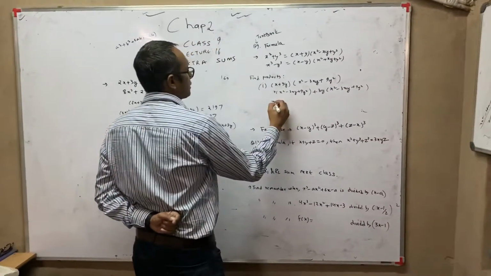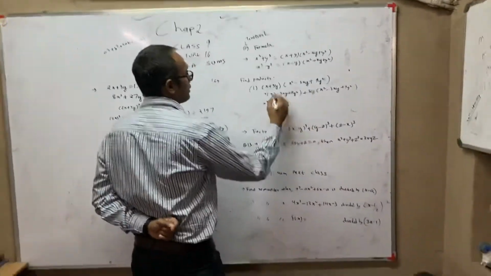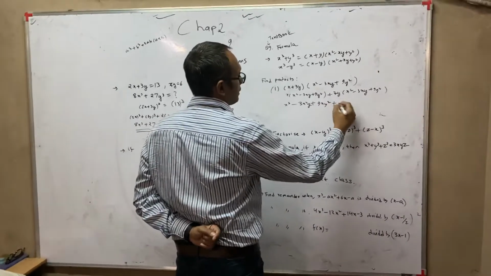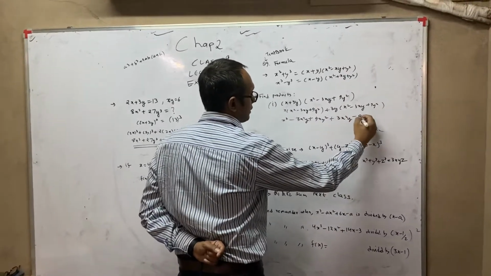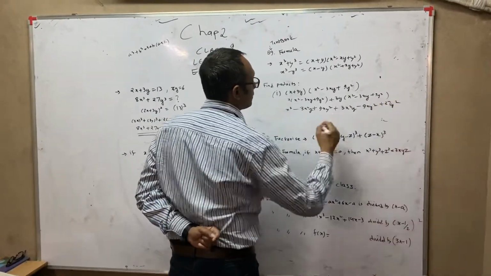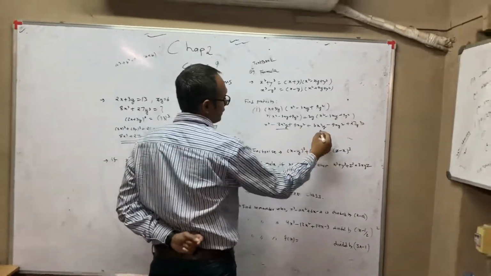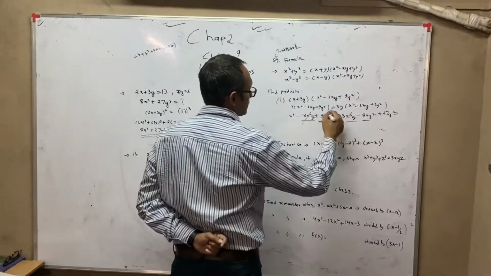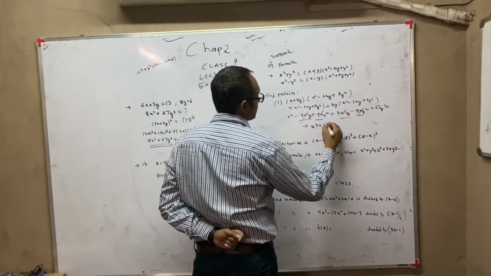X into x, x cube, this is minus 3x square y plus 9xy square, again plus 3x square y minus 9xy square plus 27y cube. Now if I see this and this terms are opposite, this gets cut. This and this terms are opposite, this gets cut. So the answer is x cube plus 27y cube.